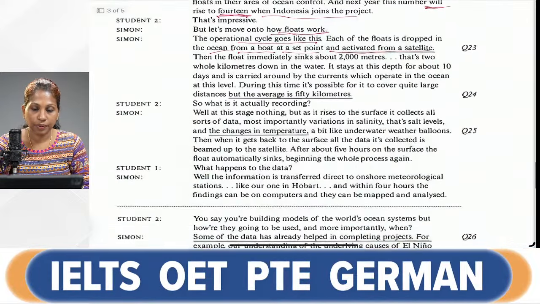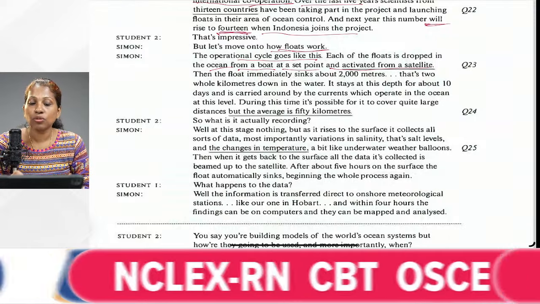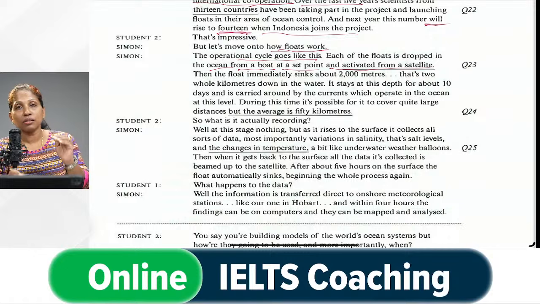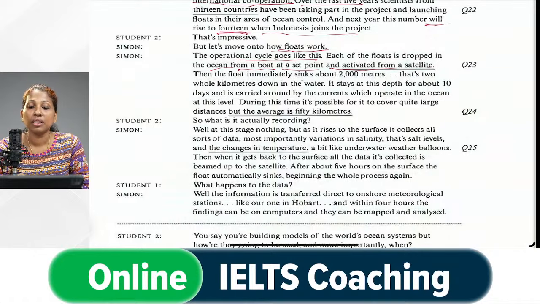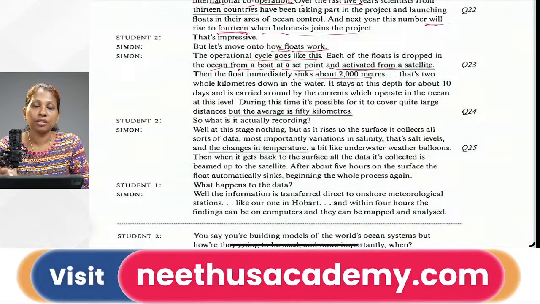So let's see what the transcript says. Then the float immediately sinks about 2000 meters. There is a number over there, but it is till what depth it sinks. Till that much depth it actually sinks into the water. That's 2 whole kilometers. Again, one more number is there, 2 whole kilometers.